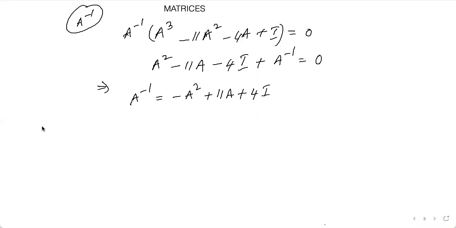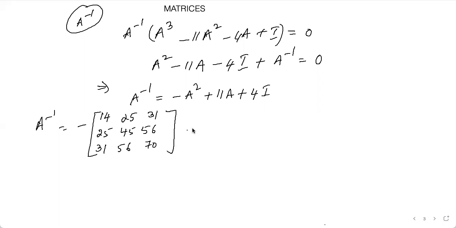So let us substitute A squared here. A squared we already found, which is 14, 25, 31, 25, 45, 56, 31, 56, 70. And plus 11 into A, since A is given, so let us multiply that also.